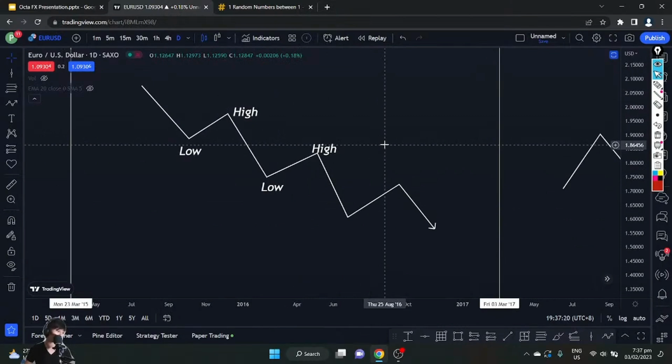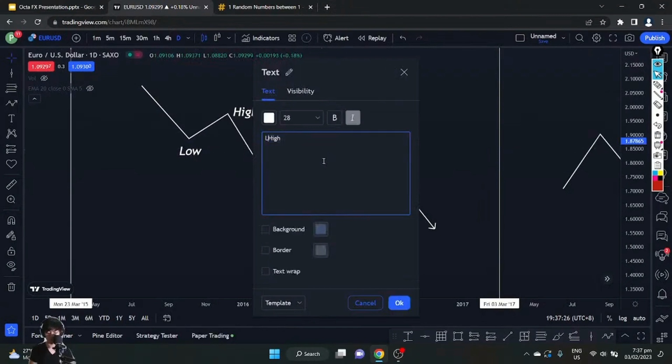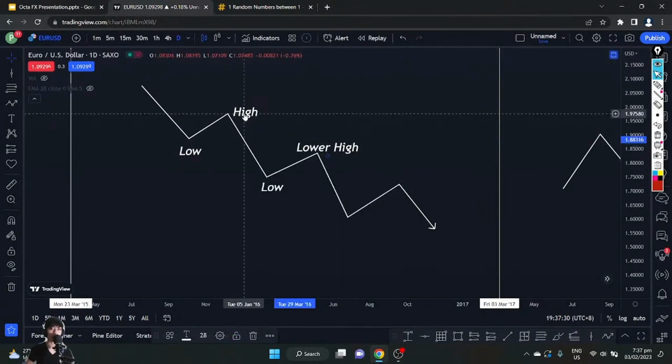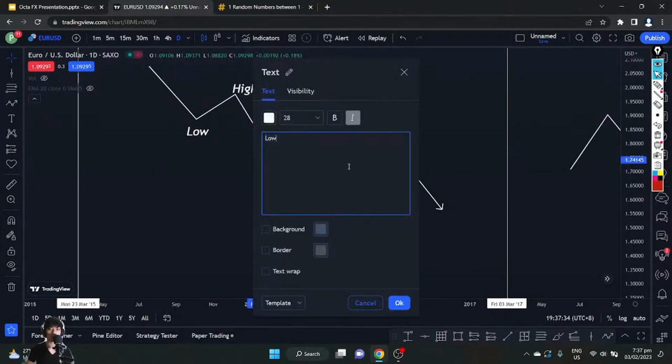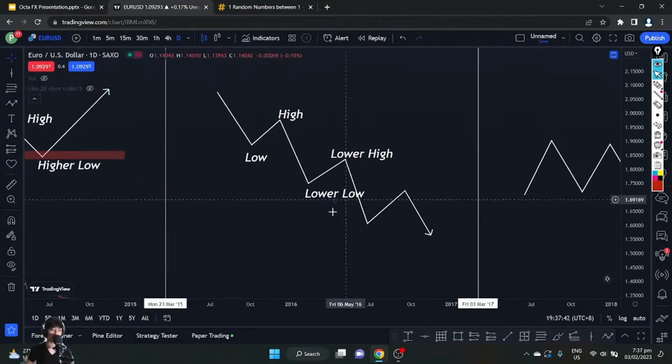So as you said, this new high right here is what we can call a lower high because this one is lower than our previous high. So you are right. And this low is lower than our previous low. So this is what we call a lower low. Okay? So if you answered lower high and lower low, then you are correct.